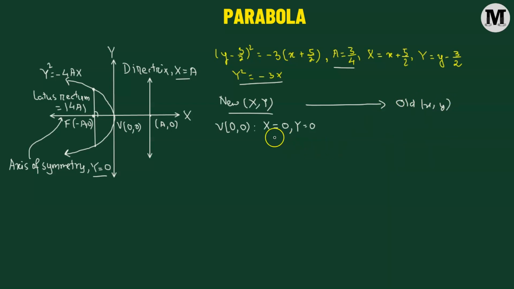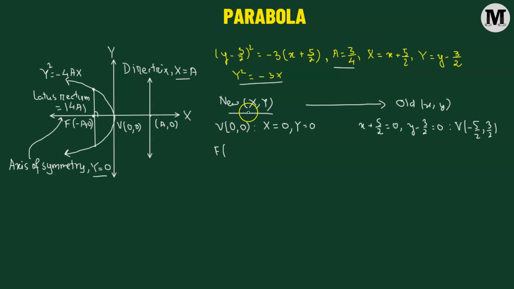So here all we have to do is use the same equations, X equals 0 and Y equals 0, but in place of X we're going to use x plus 5 over 2, so this will be equal to 0, and in place of Y, we'll use y minus 3 over 2 equals 0. So solving for x and y, we get the coordinates of the vertex in the old coordinate system. That's going to be x equals negative 5 over 2 and the y coordinate will be 3 over 2.